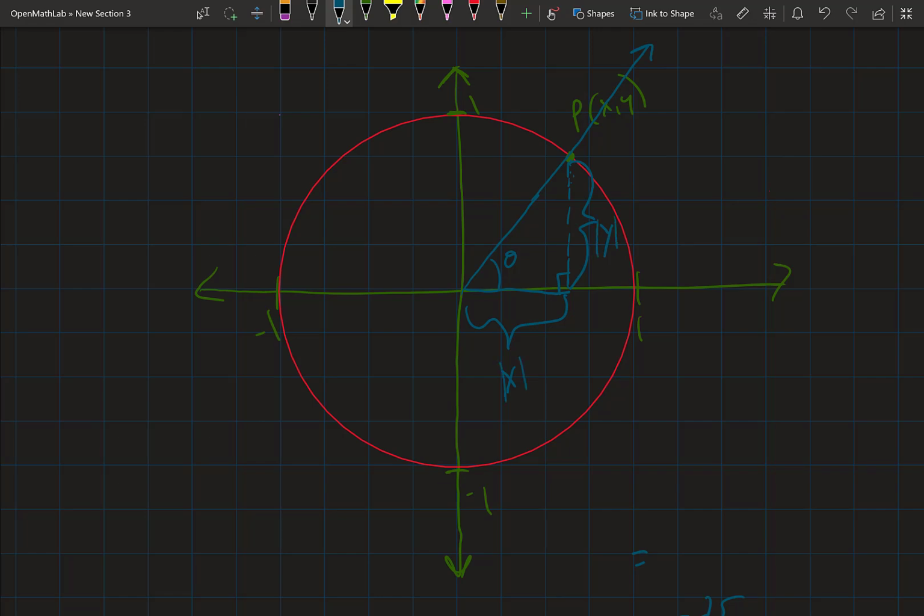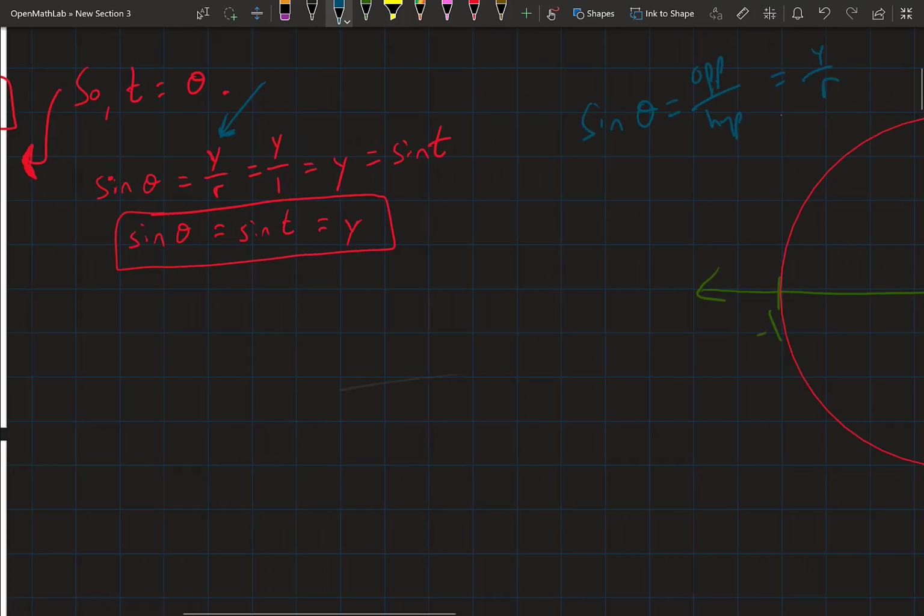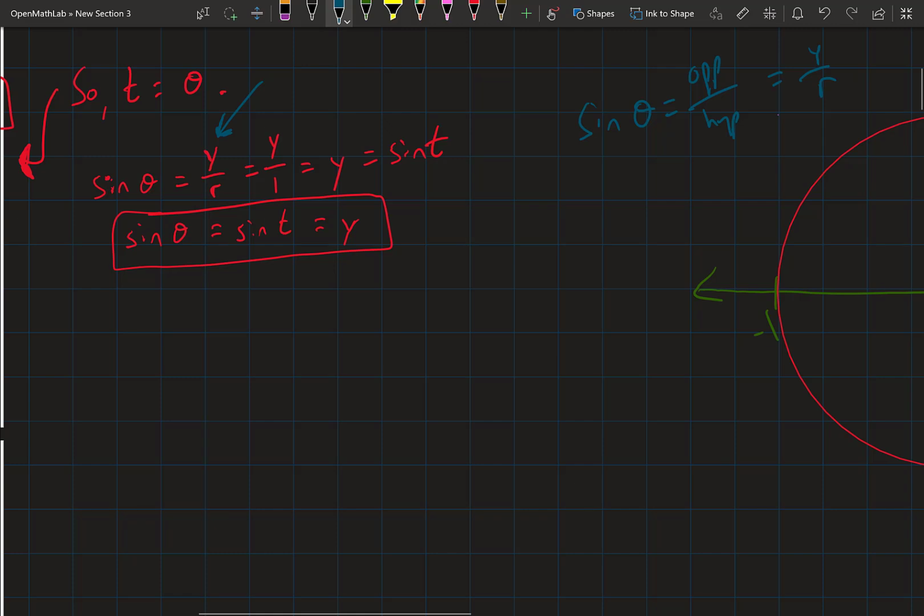And then this distance is equal to r. We looked at this previously, but just to recall, the hypotenuse is equal to r. So when we talk about sine theta, this is equal to the opposite over the hypotenuse, which in this case would be equal to y divided by r. So we looked at all of those before. Just recall that's what we're doing.